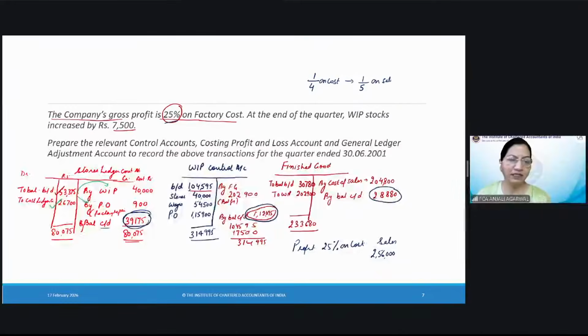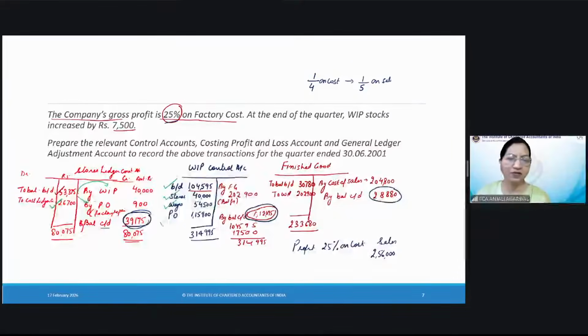Else, if the balancing figure is also given, you will assume the difference to be an abnormal gain or loss, or if you assume it to be a normal loss, then you can charge it to production overhead. The WIP will have an opening figure, then some material will come from stores, and direct wages will also be charged to WIP. Production overheads, if directly charged to WIP, it's okay.